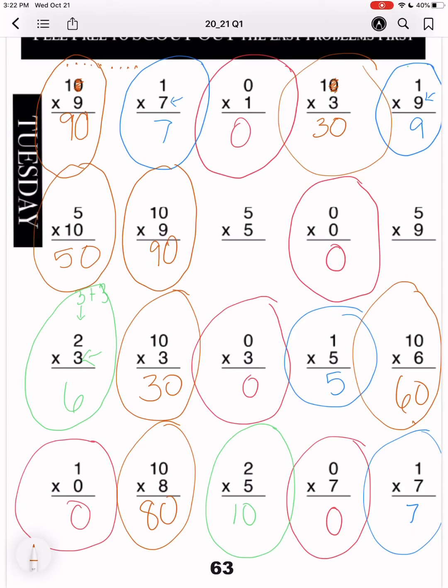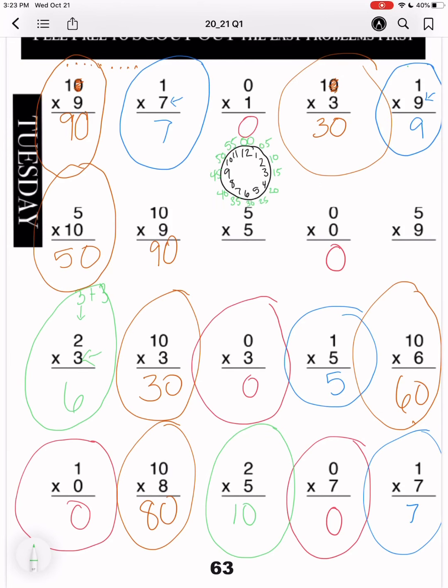All right, last one is our 5s. So the last one are 5s, and I erased some circles so that I could make some space for some work here. 5s are also called clock facts, and the reason they're called that is because on a clock we count by 5s, right? And that makes sense inside the classroom, because I have about a dozen clocks all over the room.